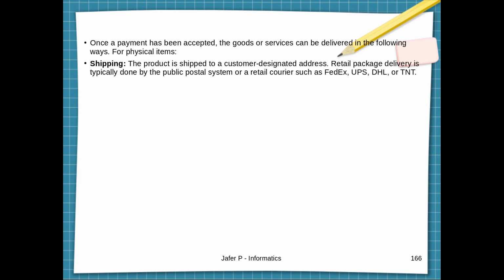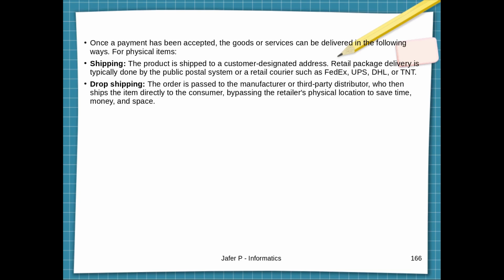We can send through our public postal system, like Indian Post, or you can go for courier services. What are the courier services available? FedEx, UPS, DHL or TNT. You can go for any courier service.